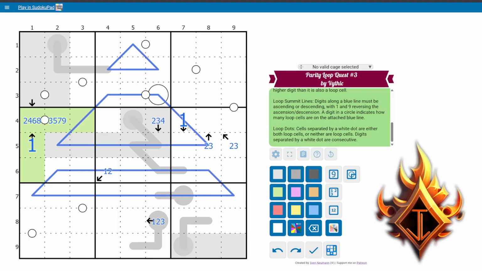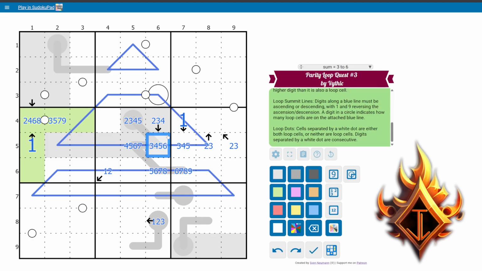So we go, what is this? 9, 8, 7, 6, 5, 2 through 5. So this will be up to 6, this will be up to 7, this will be up to 8, and this will be up to 9. But we're going up. So is that 3, 4, 5?